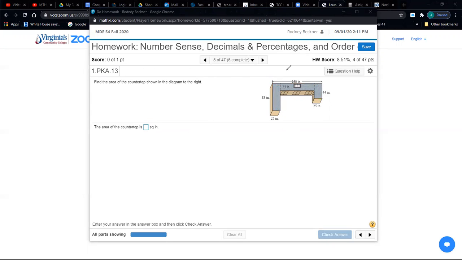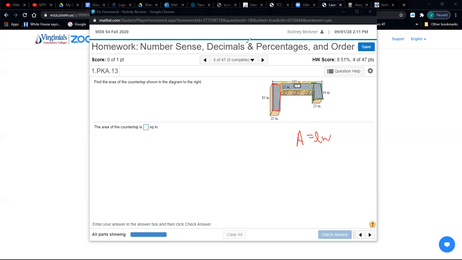So what we want to do, because we know the formula for a rectangle, area is equal to length times width. And if you don't, here's your reminder. This we can kind of mentally divide up into 3 rectangles. We can call this rectangle 1, then we can call this rectangle 2, and then we can call this rectangle 3.